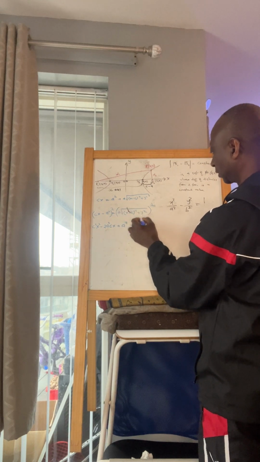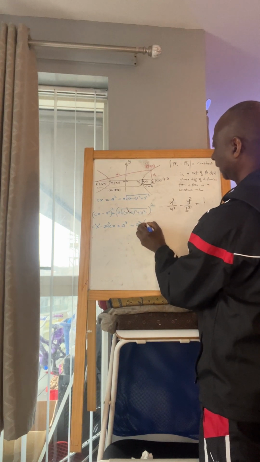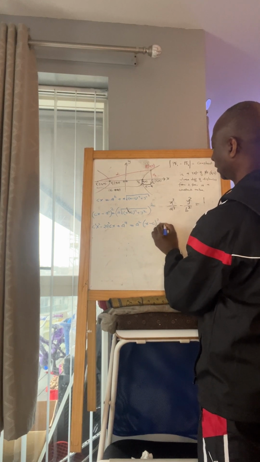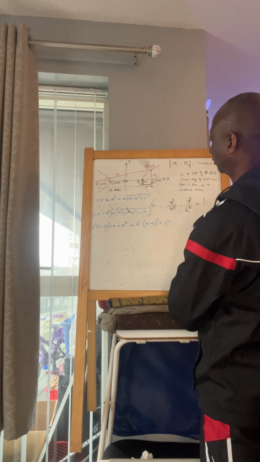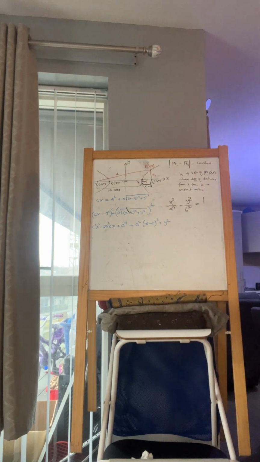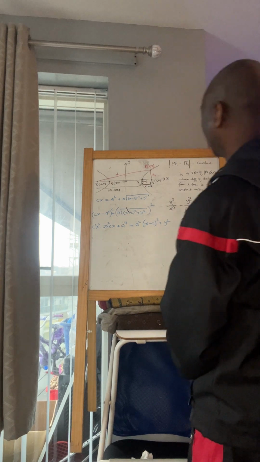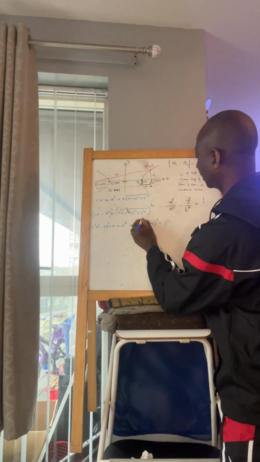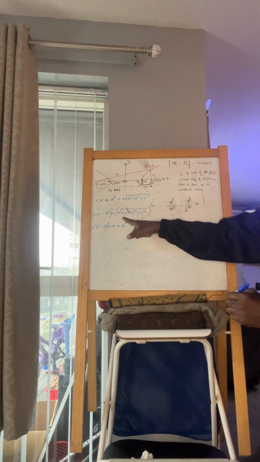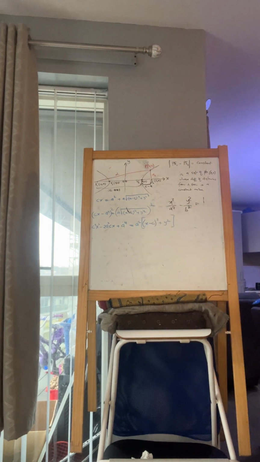So all this will remain x minus c squared plus y squared. This a squared is affecting all of them, so I should actually put this because a squared is multiplying everything inside. Correct?